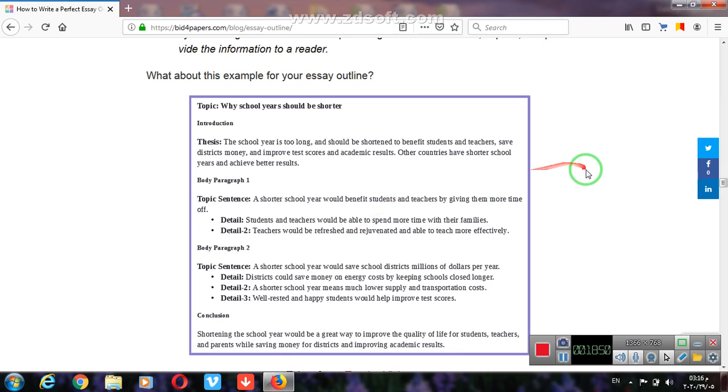So I already introduced you to many examples of the essay outline. I hope you consider these essay outline examples and try to write your own.